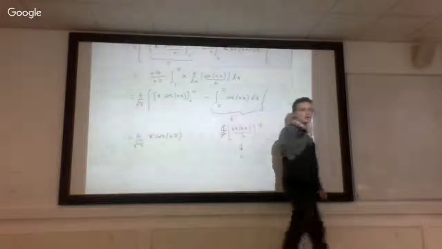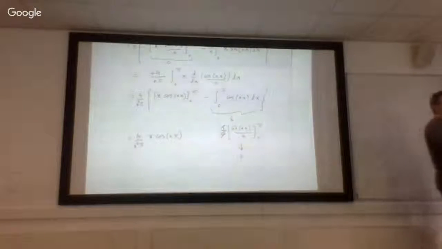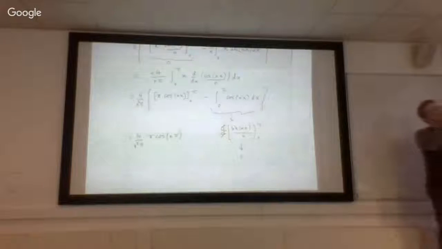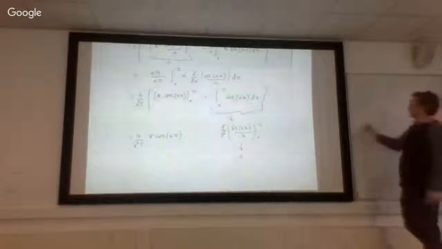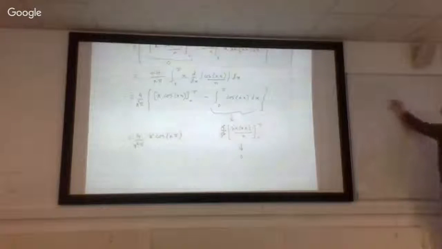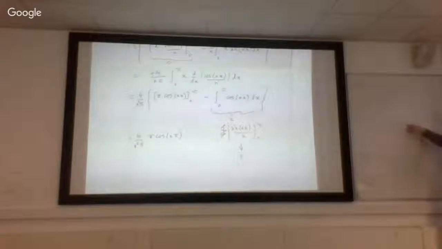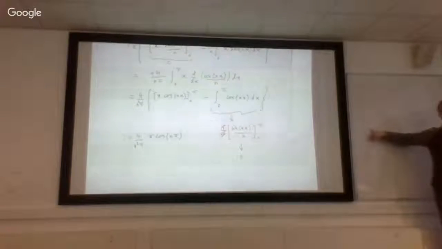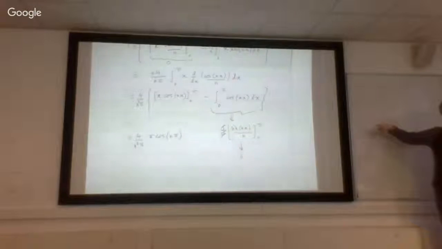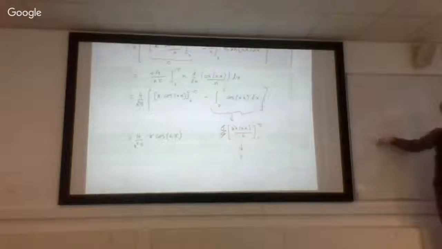Cosine of an integer multiple of pi. Okay, well, you're familiar with cosine. Cosine of an integer multiple of pi alternates between plus and minus 1. So you think of the unit circle in the complex plane, you're either out here on the east pole, so to speak, at the point 1, 0, where cosine is plus 1, or you're over here on the west pole, at an angle of pi radians or an odd multiple of pi, and there cosine is minus 1.